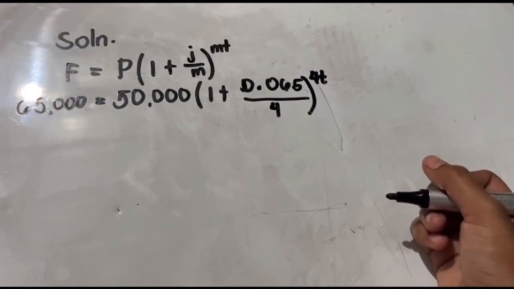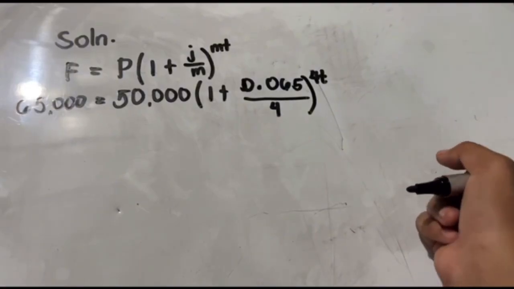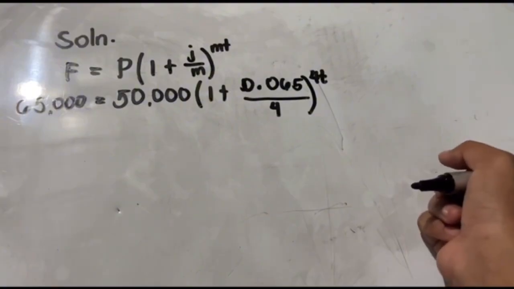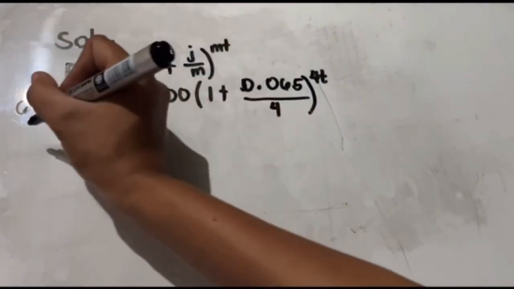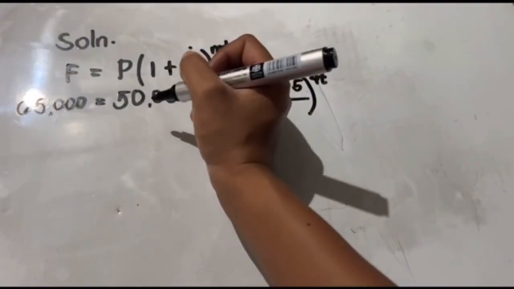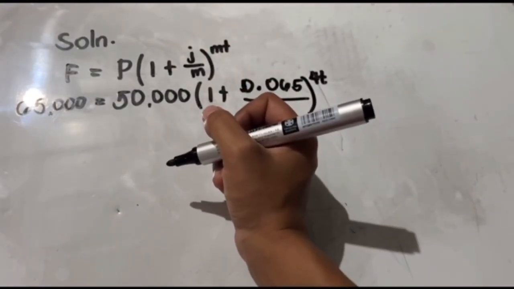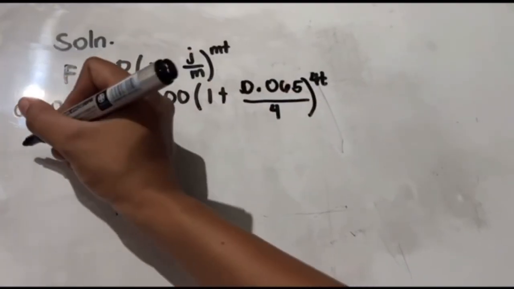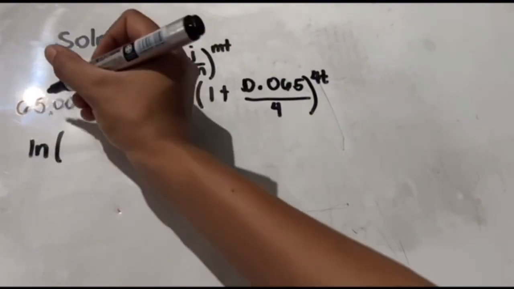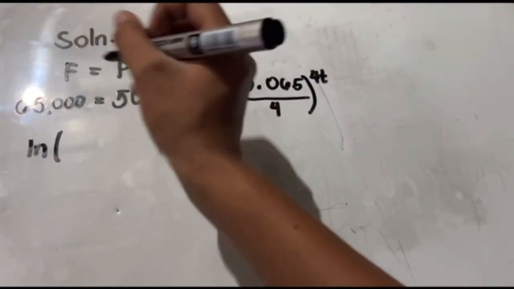And now we want to isolate the term with the exponent. So we do this by dividing both sides by 50,000. Then using the natural logarithm, we will divide both sides by 50,000.